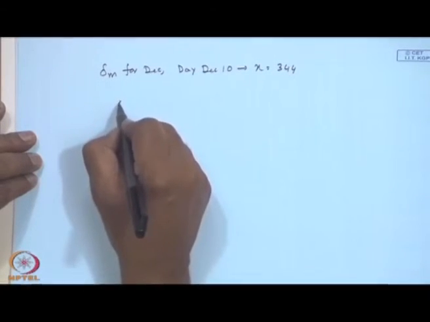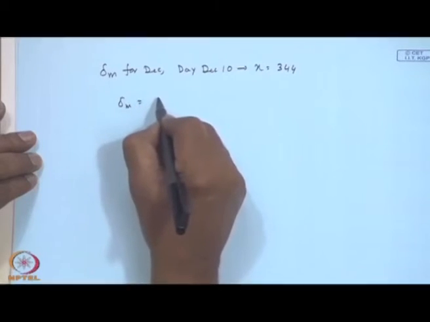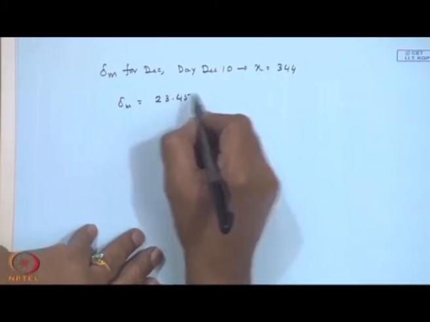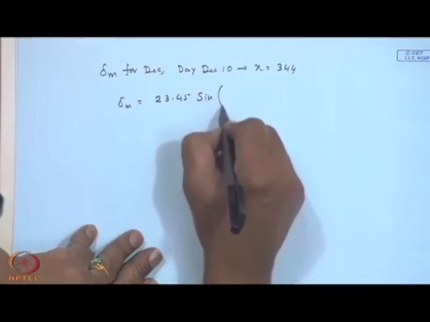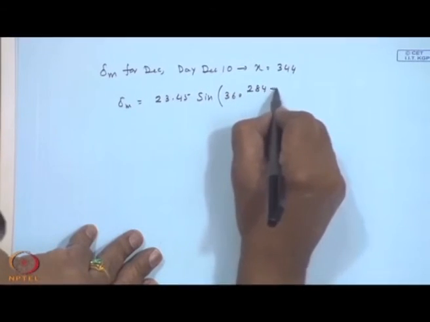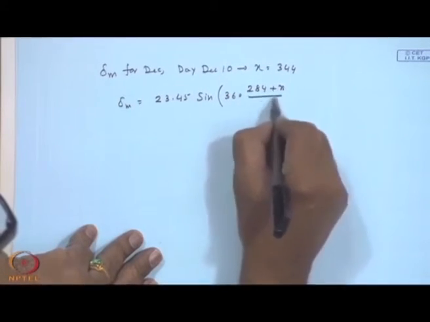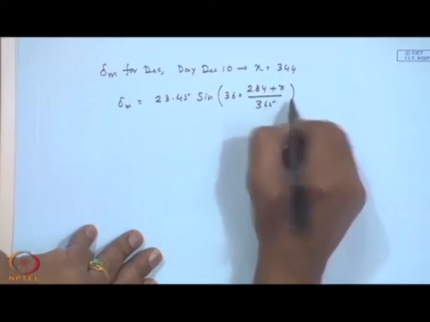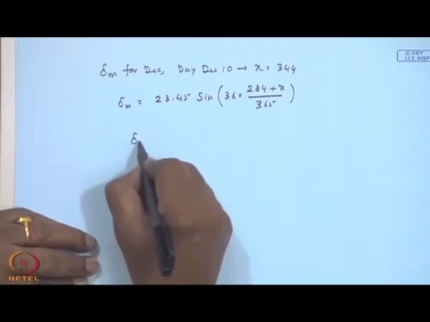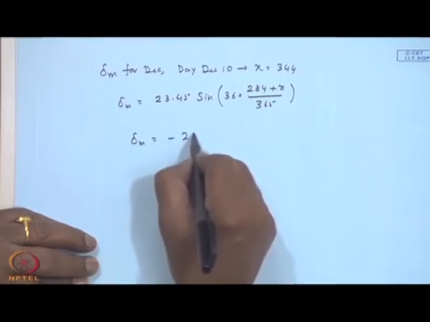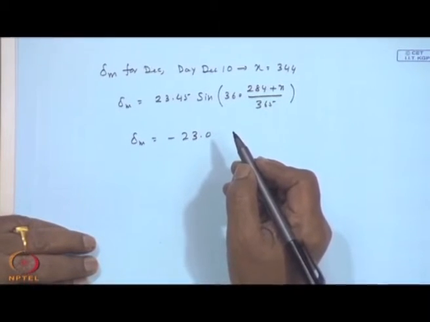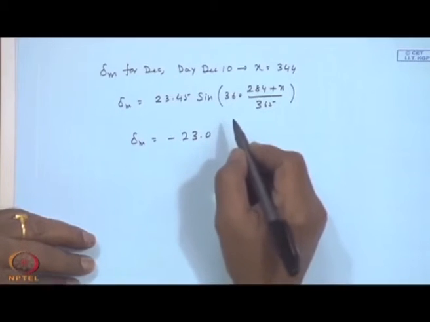So, delta m is 23.45 sin of 360 into (284 plus n) by 365. This formula now you should have gotten by heart. So, this is the recommended value for December, which will be equal to about 23 degrees (negative for December).